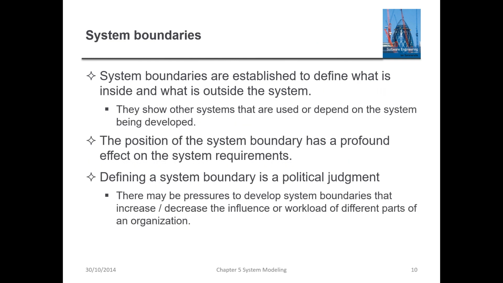System boundaries. What are system boundaries? System boundaries are established to define what's inside and what's outside of the system. These are all the systems that are used by or depend on the system being developed. For example, if you sell an app for delivery, you must see what is inside and outside.